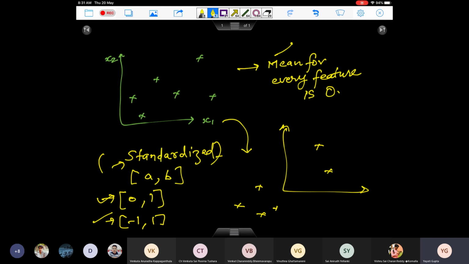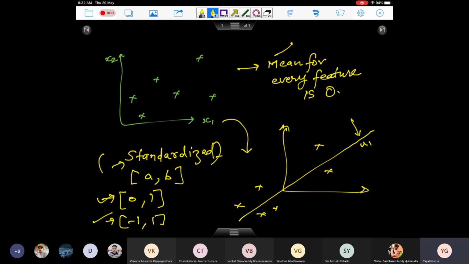Let me say this is that new dimension. Let me call this dimension U1. Now, assume that this dimension maximizes the variance along this direction.